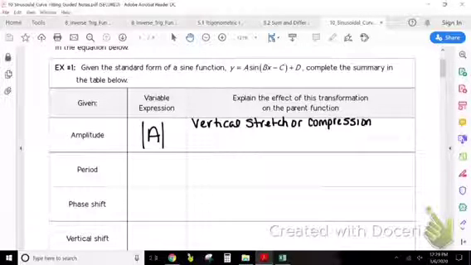But what is the definition of amplitude? It's the distance between what? The midline and, good, the top, the maximum, or the midline and the minimum, okay? So it is half of the height of the wave.